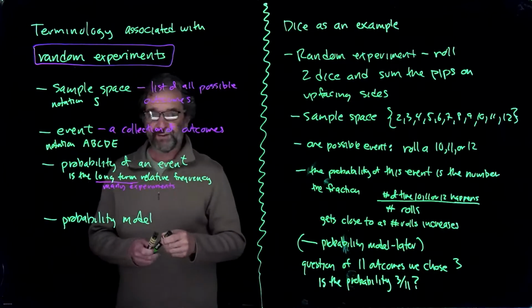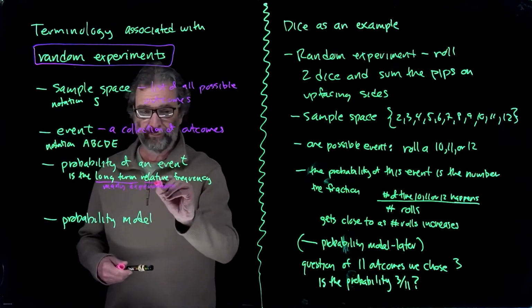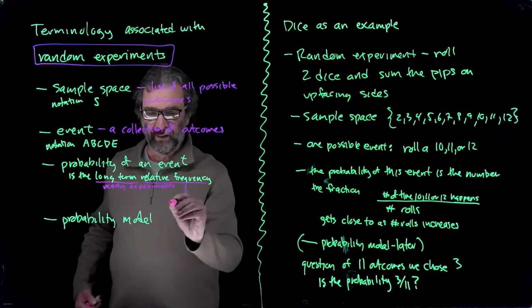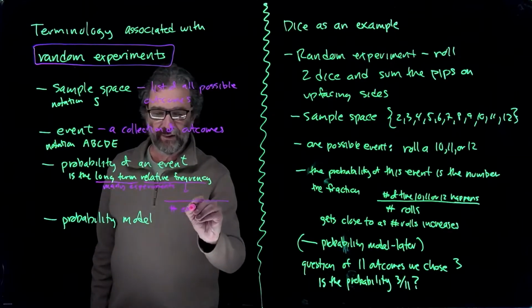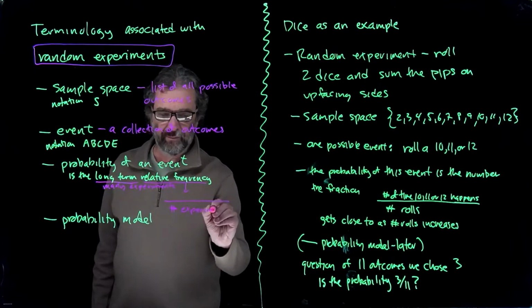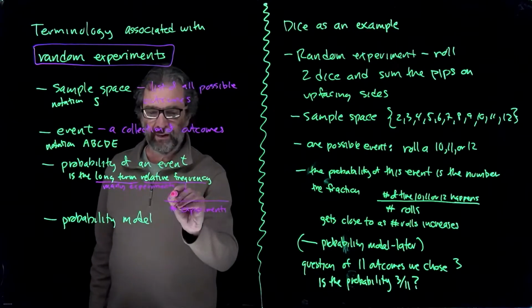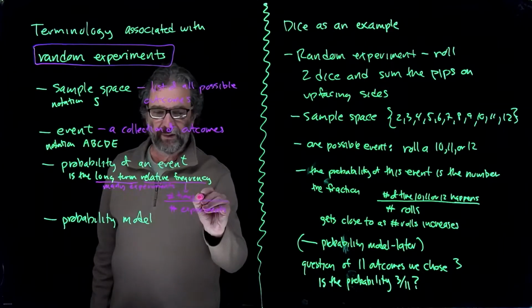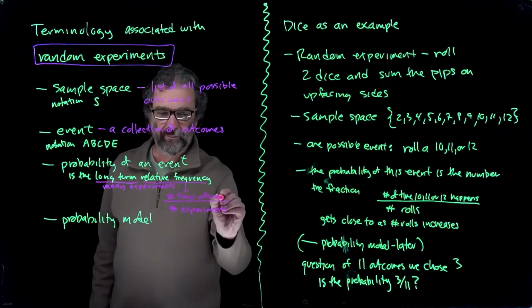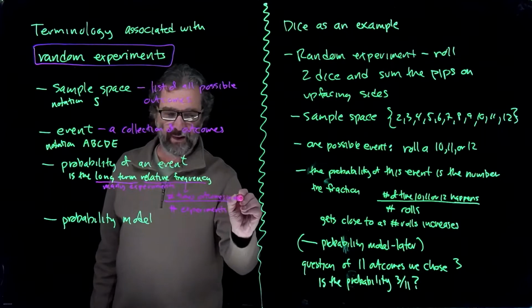And relative frequency means the fraction, with the number of experiments in the denominator, and in the numerator the number of times we see outcomes in the event happen.